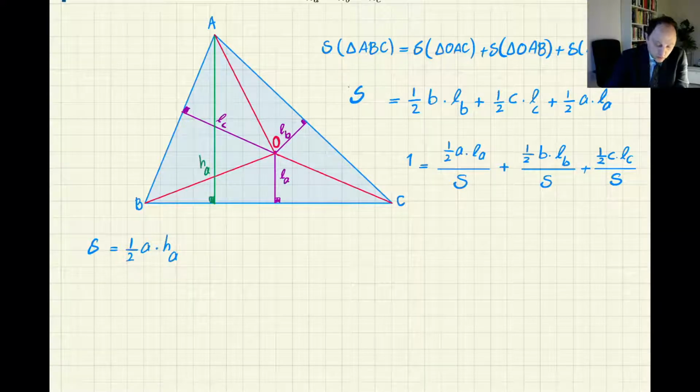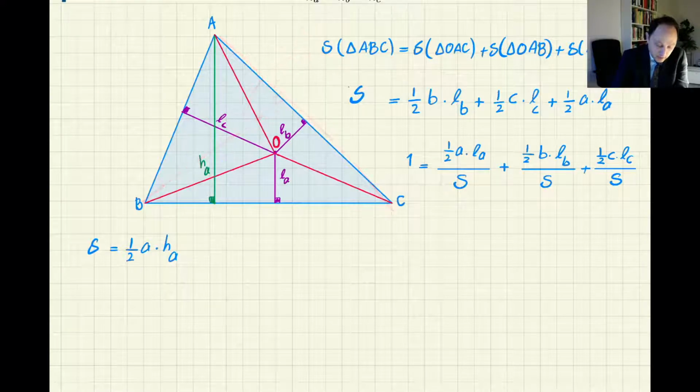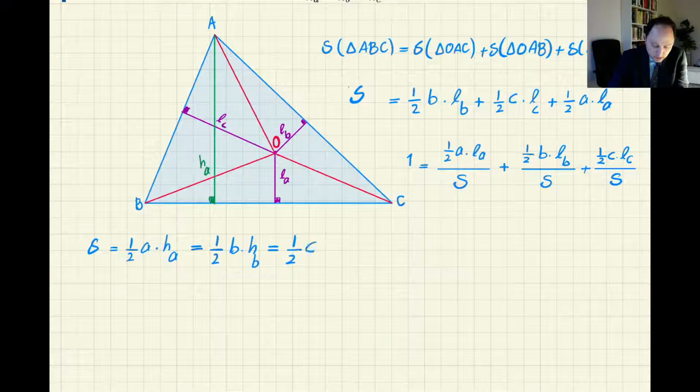But you don't need to stick to this as the base and this as the height. You can choose this as your base and this one as your height. This one is called HB this time. So this is also equal to 1 over 2 B times HB. And similarly, you can write it as 1 over 2 C times HC. So all of them are the formula for the same quantity S.